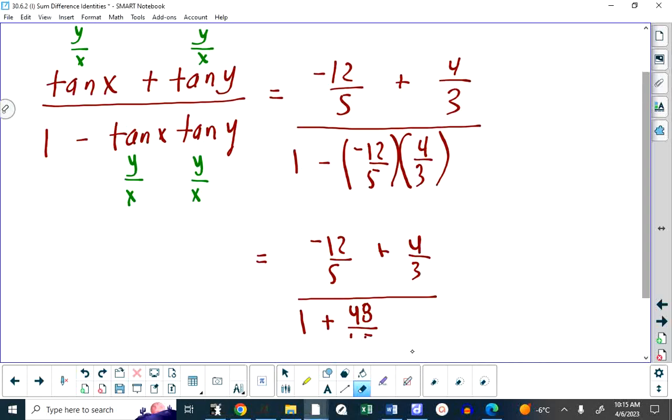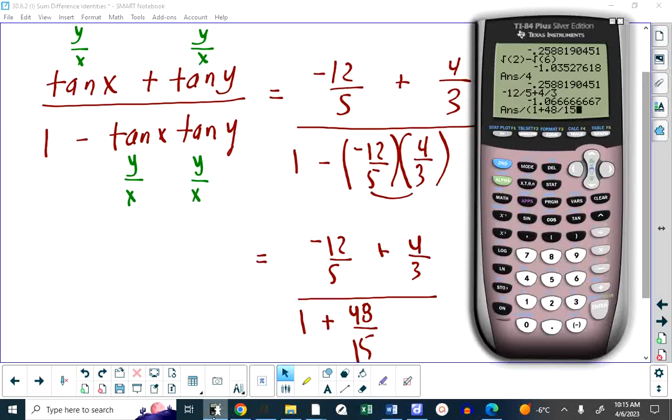I don't know what's wrong with me, why I keep writing 65. 3 times 5 is 15. And then convert it to a fraction, because why not? Negative 16/63.